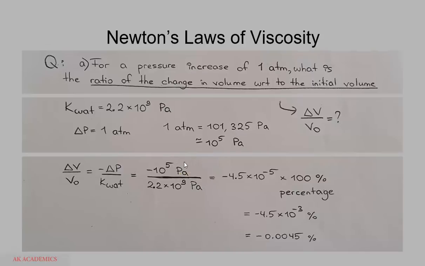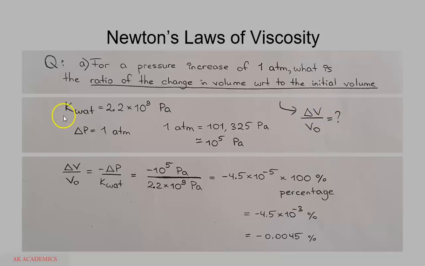Here is another question we can quickly evaluate together. For a pressure increase of 1 atmosphere, what is the ratio of the change in volume with respect to the initial volume? We are looking for change in V divided by V naught. This is exactly what we're looking for.